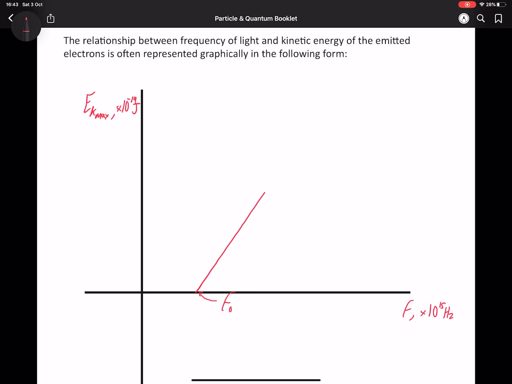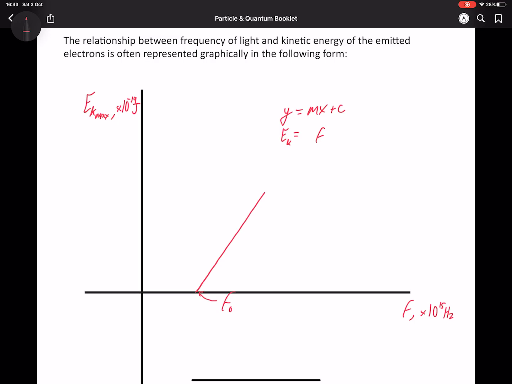Now going from there, we can use this graph for a lot more. And whenever we have a straight line graph, we should use y equals mx plus c. Now if we plug in what we have for y and x, we should be able to recognize the fact that this matches up with one of our equation forms that we just looked at.